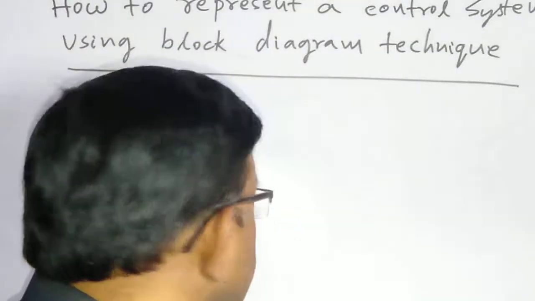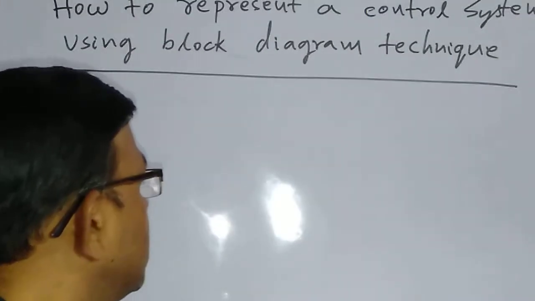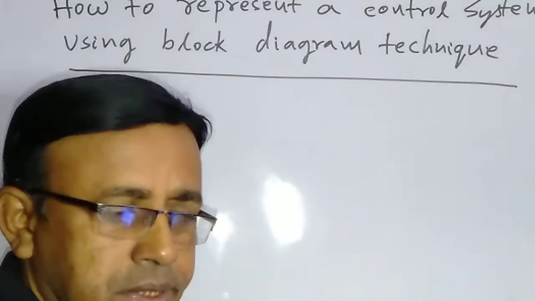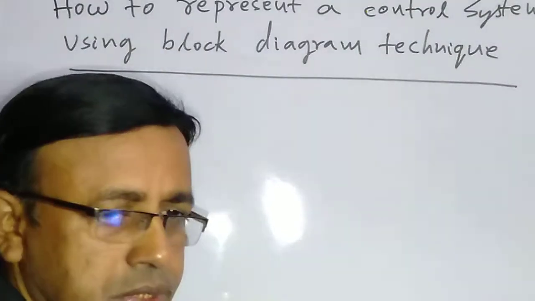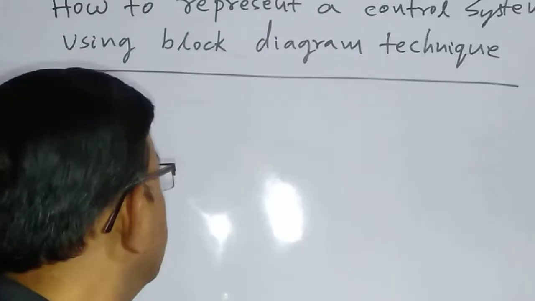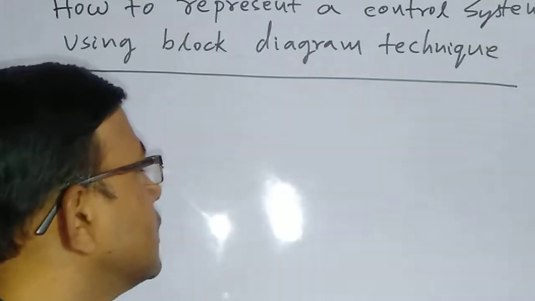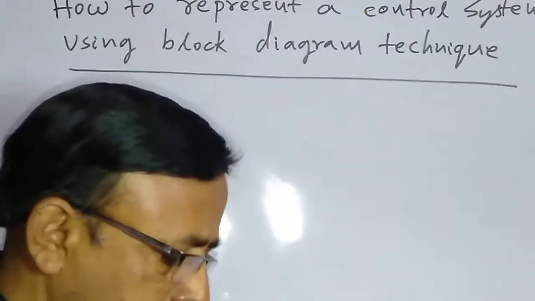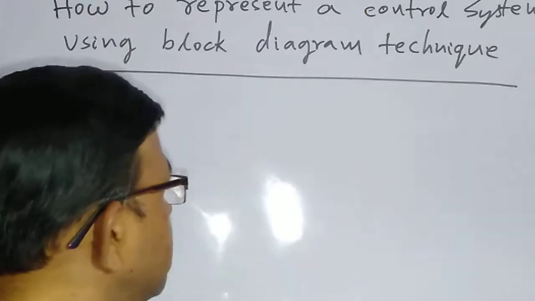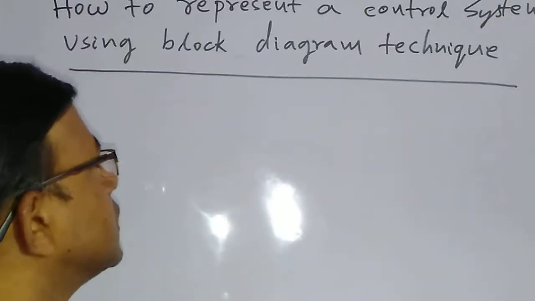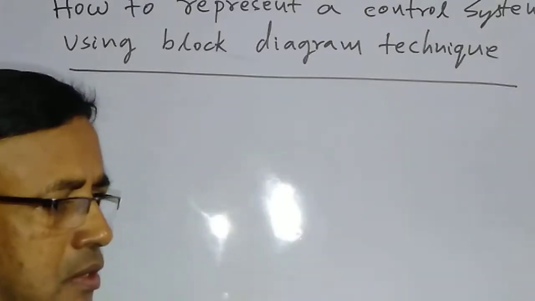So already I have discussed in my last lecture about the block diagram technique applied for control system, then about the feedback and the effect of feedback in control system engineering. So today's topic is how to represent a control system using block diagram reduction technique.